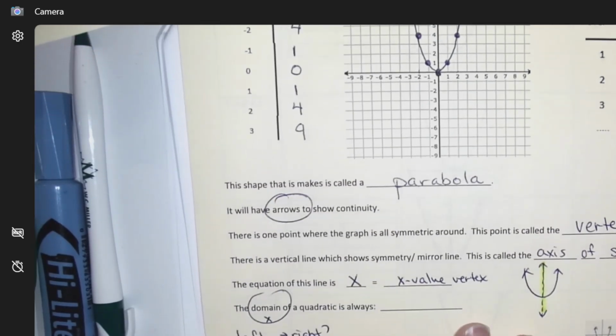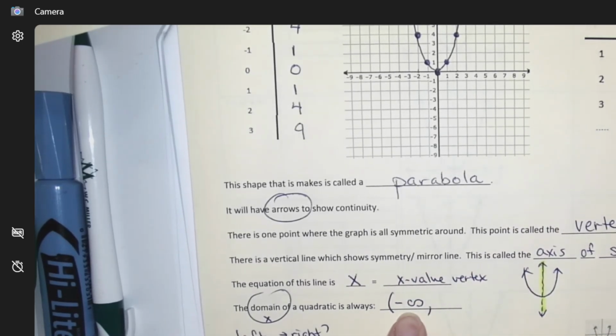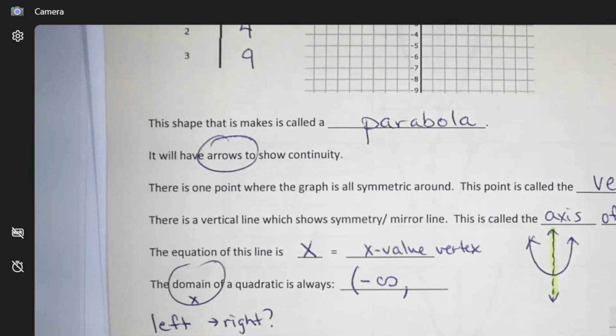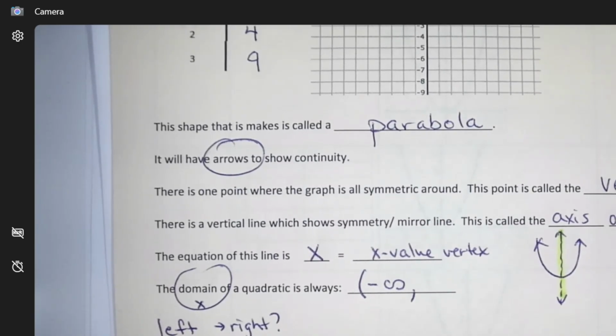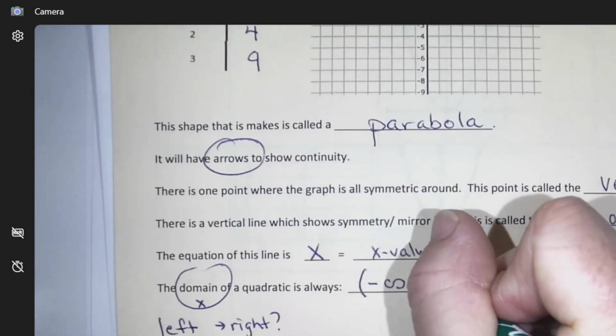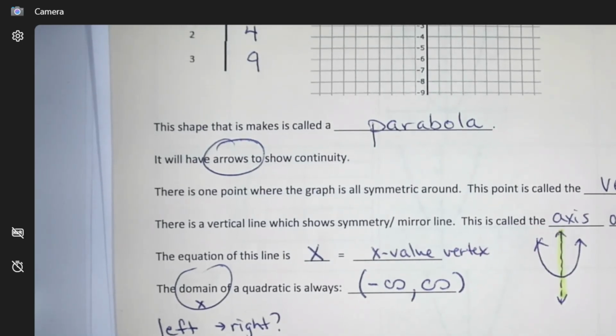So we're going to be using infinite symbols. But because we're going to go left, we're going to say negative infinity. How far right are we going to move? So this arrow says right, right, right, right, right. So we're going to move to infinite.